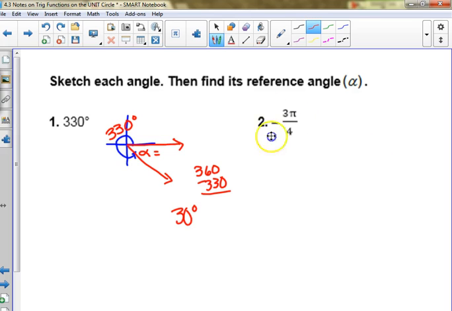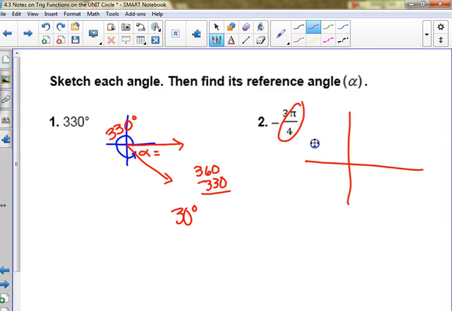Now we have two choices. If you know what quadrant this is in, actually, if it's pi over 4 of any kind, the reference angle is pi over 4. But do some of you at least know what pi over 4 is as a degree? Pi is how many degrees? 180.